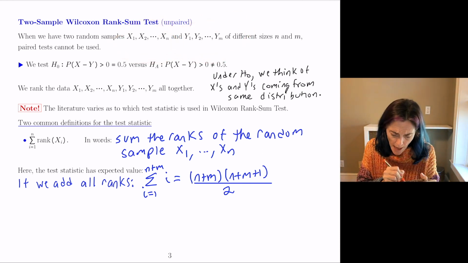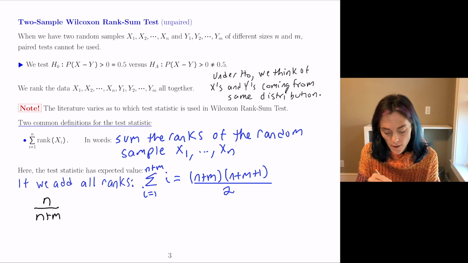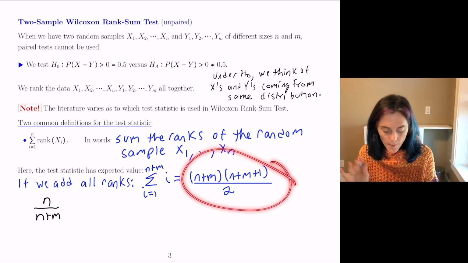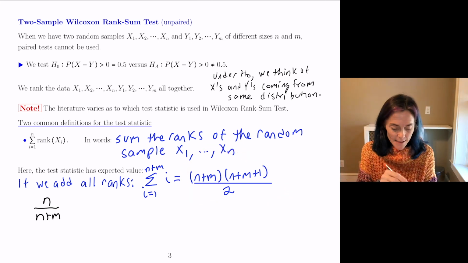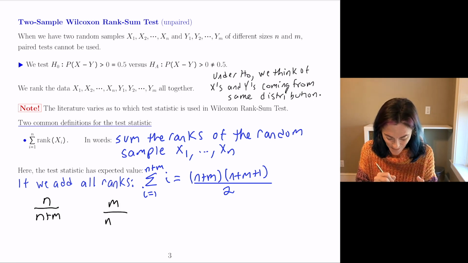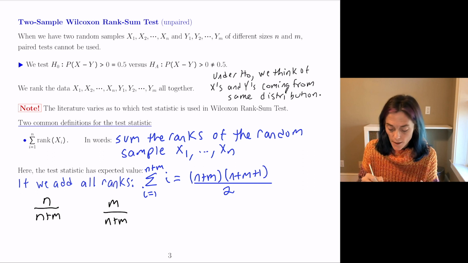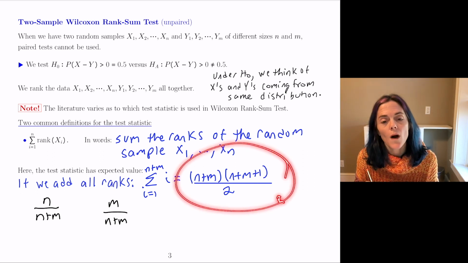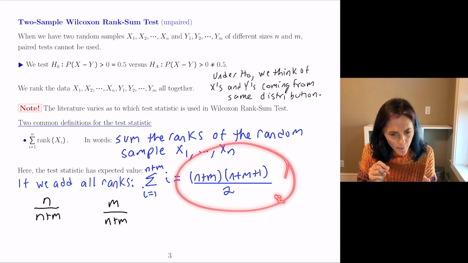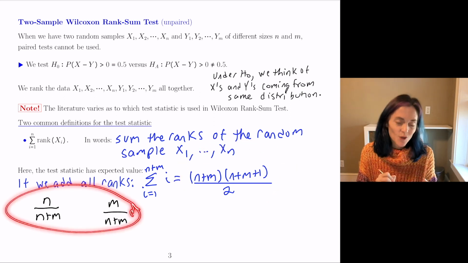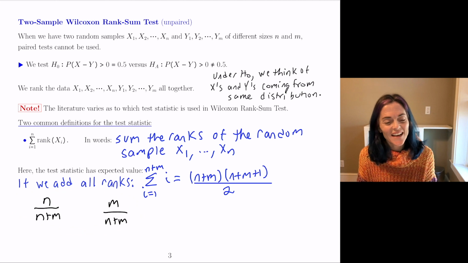We would expect n over n plus m, this proportion of this sum, to come from the x's, and we would expect m over n plus m, this proportion of this sum to come from the y's. This is under H0, of course. Now add them up, you see these add up to 1, which is wonderful.